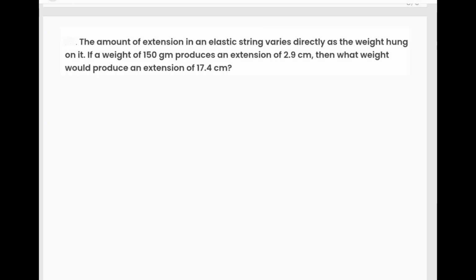The amount of extension in an elastic string varies directly. Now in the question itself, it is given as direct variation. So we will just convert the units. If we write down x1 y1 x2 y2: if a weight of 150 gram, so let weight be y and extension is x.